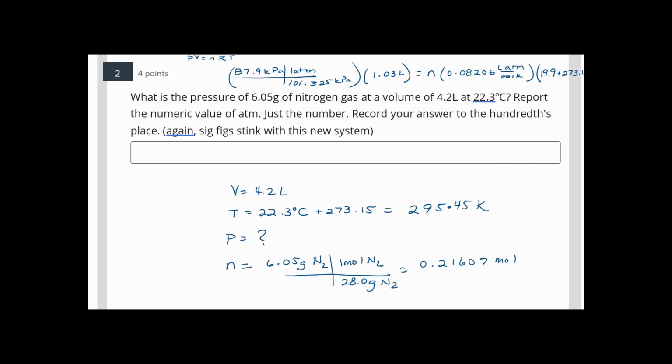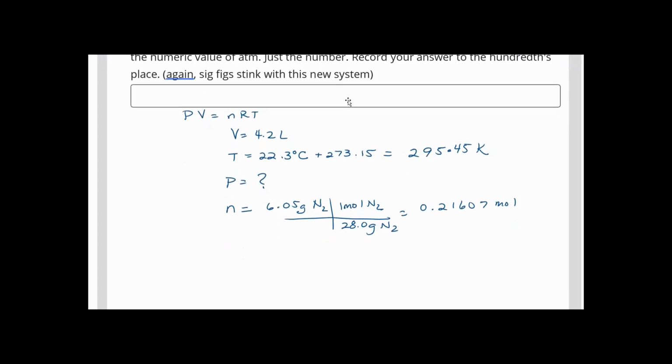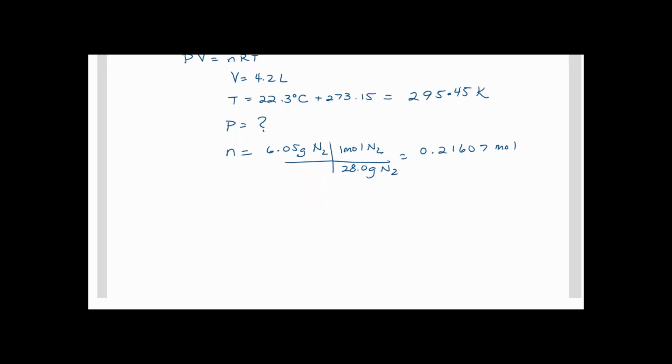So the only thing we have left in order to use our ideal gas law is R. Now, R is our universal gas constant, or our ideal gas constant. Therefore, R is just going to be the same as in the previous problem. So P is what we're looking for. I'm going to fill in. I have my V at 4.2 liters, and that is going to be equal to our n, 0.21607, but this value is actually just still in my calculator.